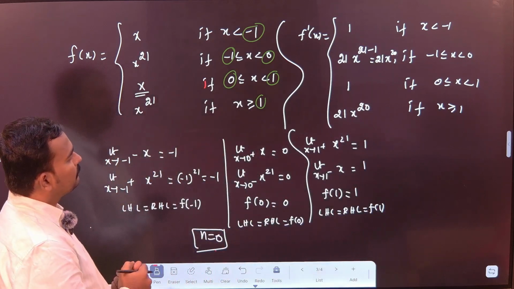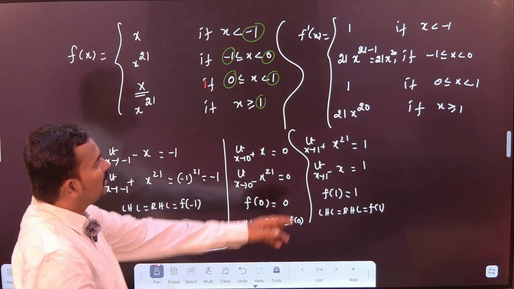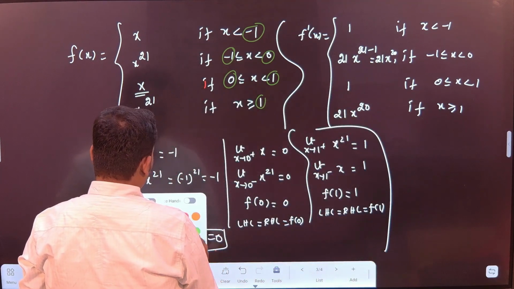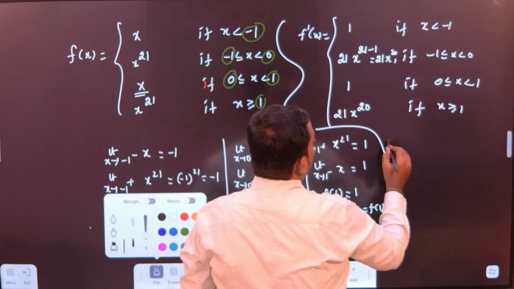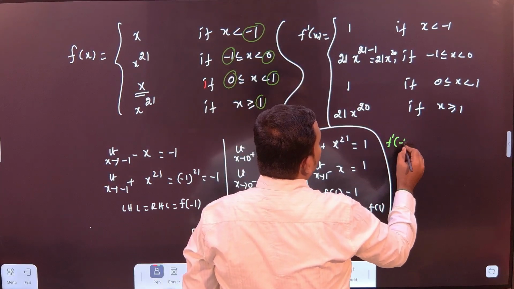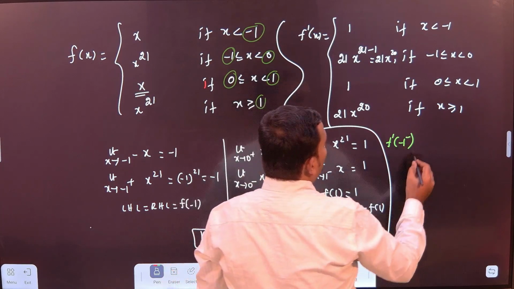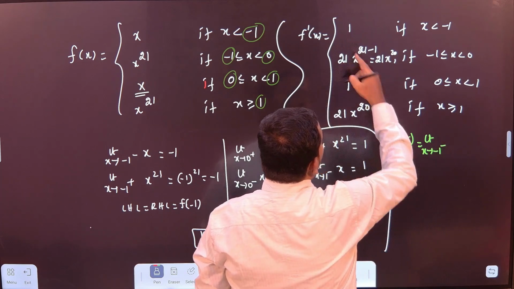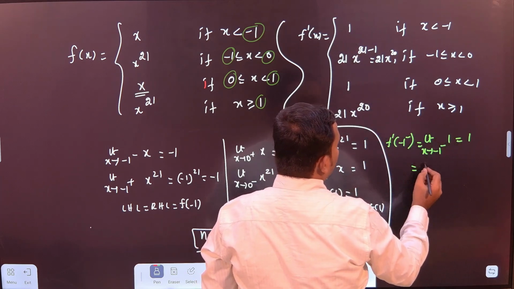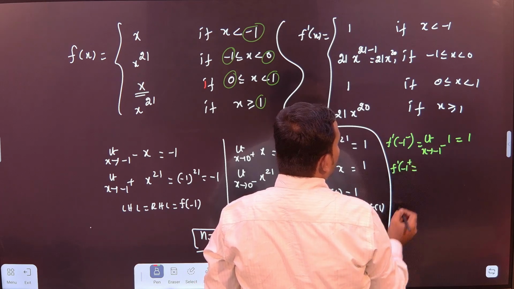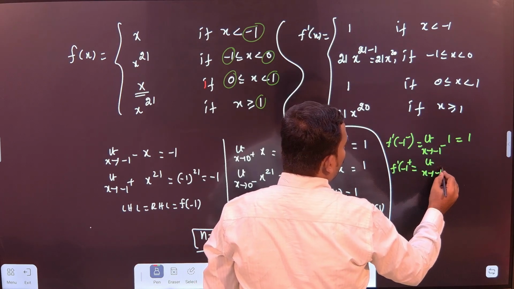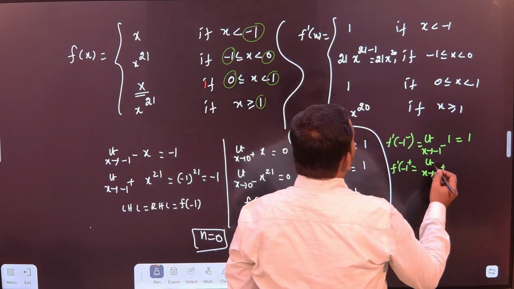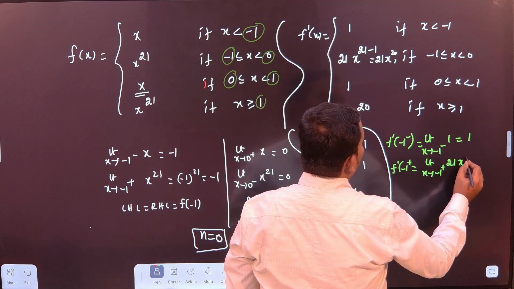Okay, fine. Now you can easily verify this. Left hand derivative, you can check it. What is the left hand derivative at minus 1? So f dash of minus 1 minus you can check. What is that? Limit x goes to minus 1 minus. Which function do you have to take? 1. It's 1. But when you take f dash of minus 1 plus, limit x goes to minus 1 plus, it is 21 x to the power 20.